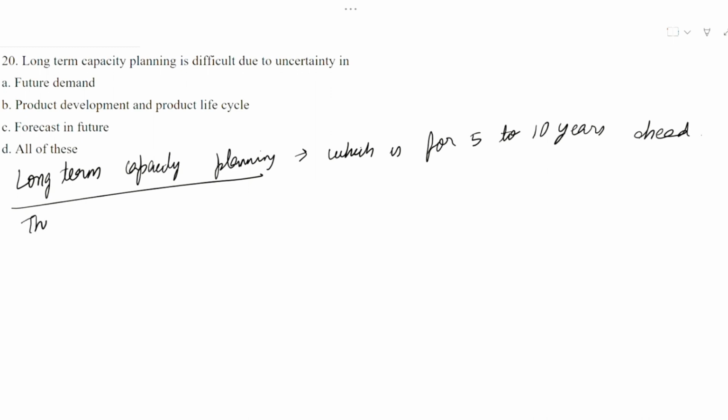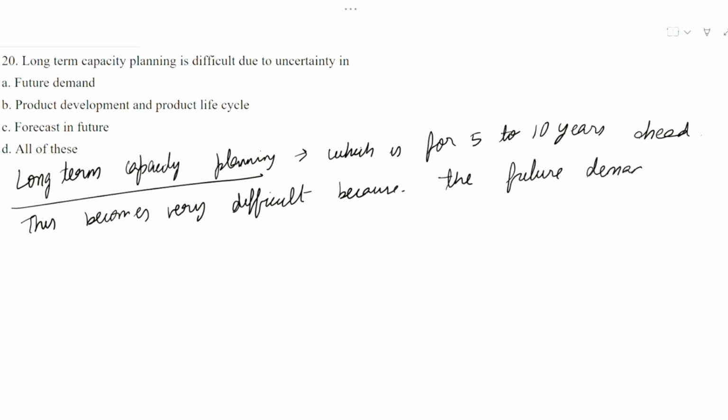Now this becomes very difficult because we have to forecast about the future demand, the technological advancement, development.